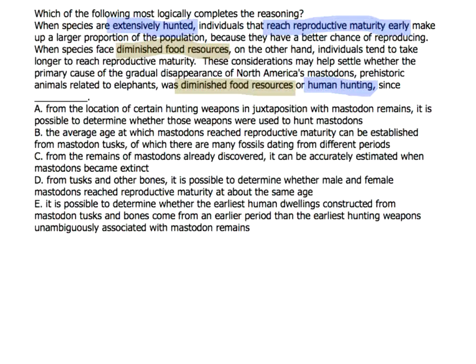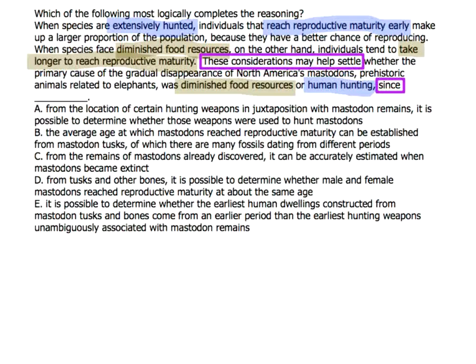Whereas when there's less food around, that goes with the idea of the opposite. There's your correlation. So what we're looking for is that in the case of mastodons, these ideas can help settle that issue. Since what? So we need a reason why.